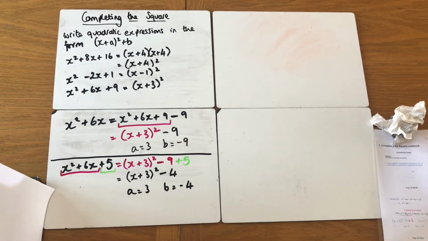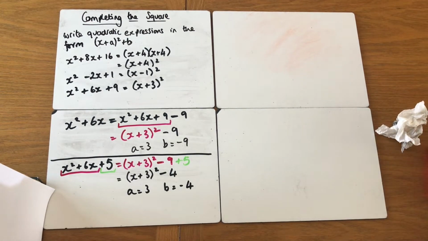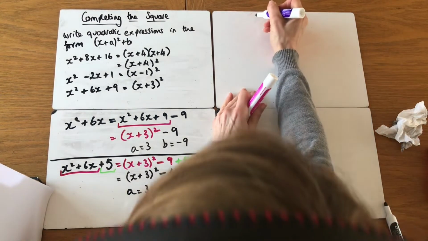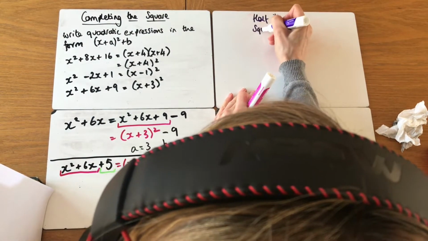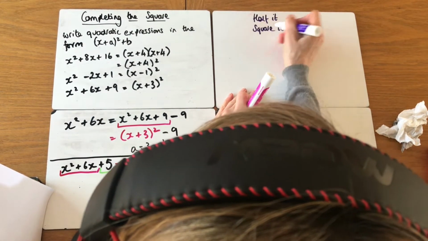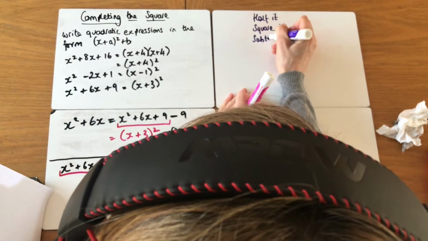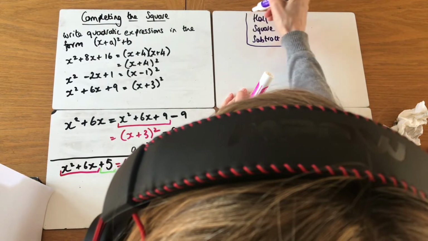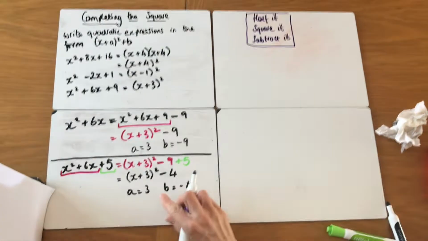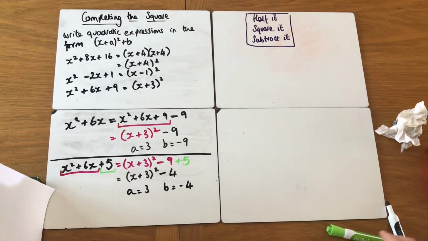In order to help us to remember what we do with this process, I have a little saying which is called halve it, square it, subtract it. So let's see how we'd apply that little saying to this example back down here.